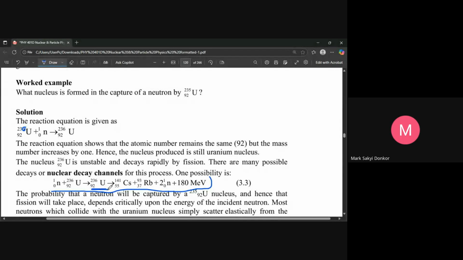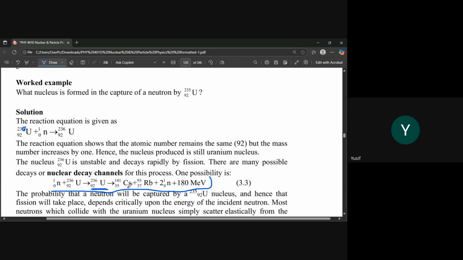Equation 3.3 confirms what you are saying. So in the intermediate version, this is also an unstable atom, because you said when the mass number is always greater than, I think, 230, it undergoes nuclear fission. And now you're having 236, which also tells us that this atom you're having here is also unstable.